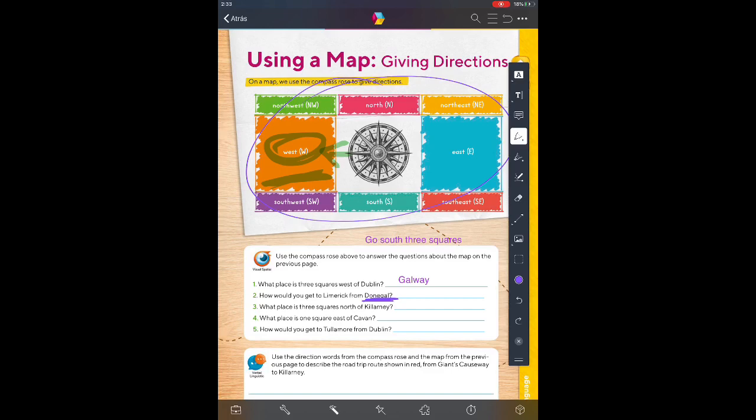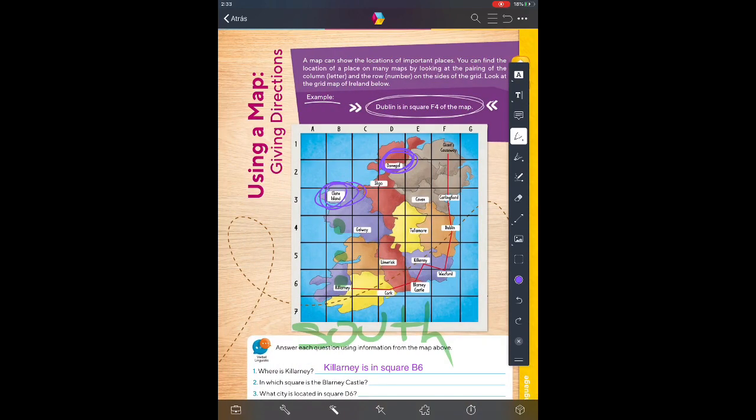Then we go to number 3, where it says, what place is 3 squares north of Killarney? Okay, so you need to find Killarney first on your map. You need to find Killarney, which is here, okay?